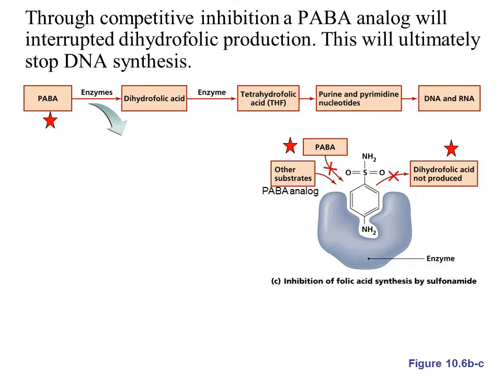Through competitive inhibition, a PABA analog will interrupt dihydrofolic acid production. This will ultimately stop DNA synthesis. In the picture below, where it says C, you see that the PABA analog is going to bind into the active site of the enzyme. PABA will not. Therefore, you will not produce dihydrofolic acid.